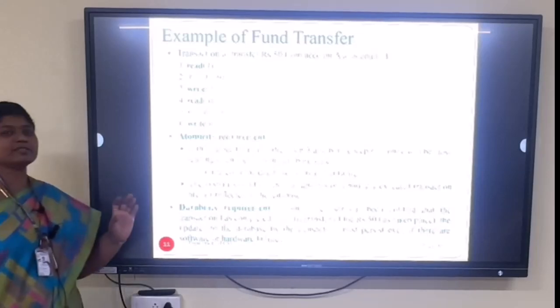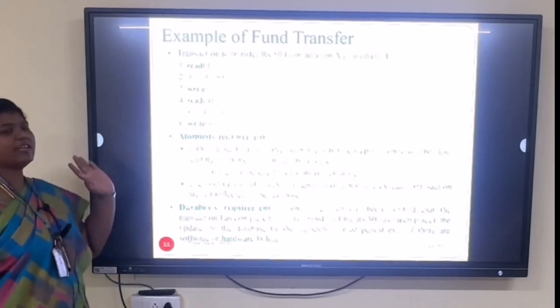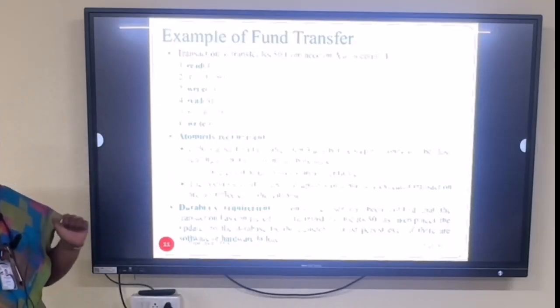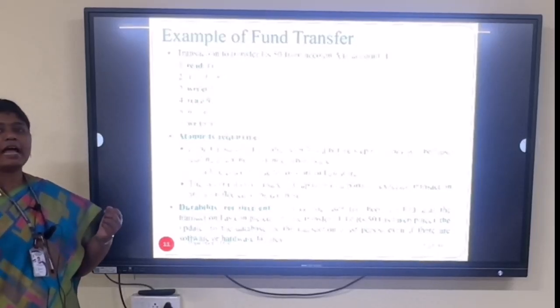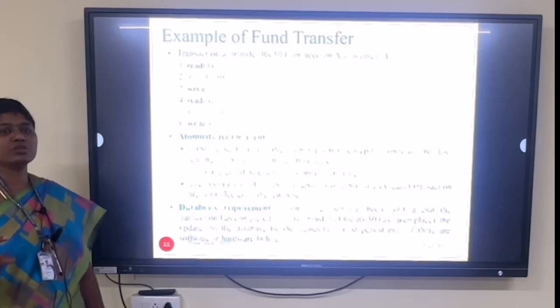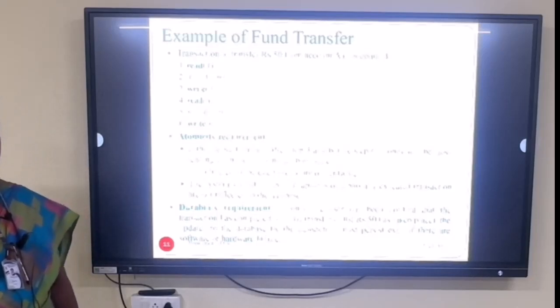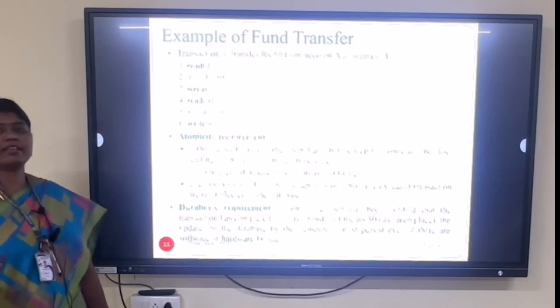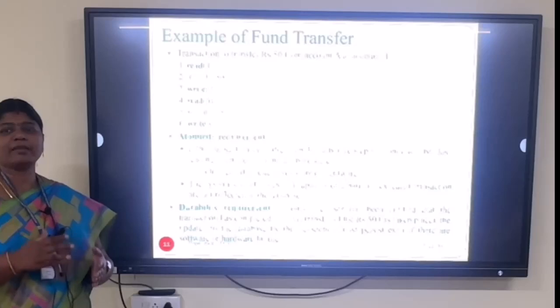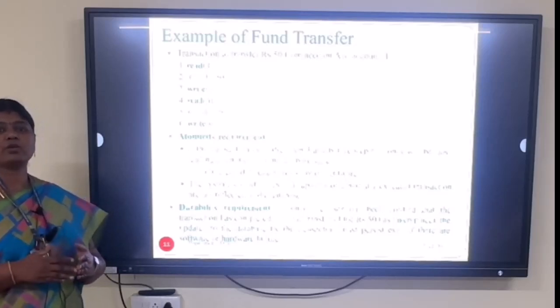Then the amount will be reduced in A, but it will not be credited in B. So what should the system do? Previously it said to wait at least 3 working days for sorting out such issues, but nowadays it says it will be rectified within half an hour, or rectified immediately. So the amount will be rolled back.